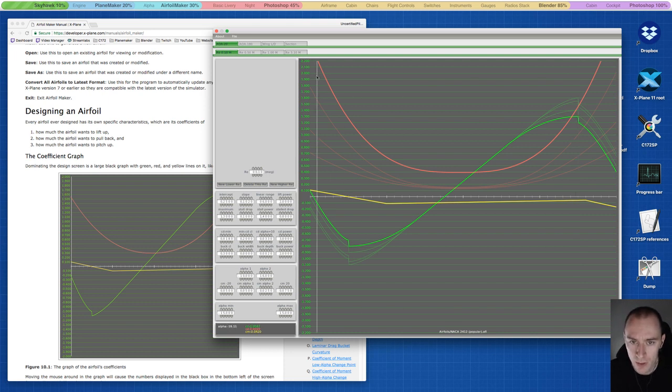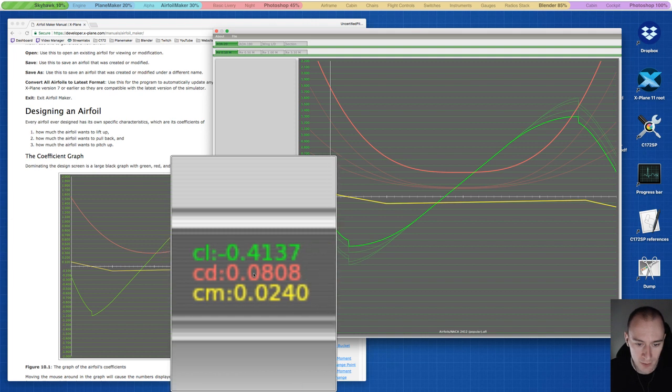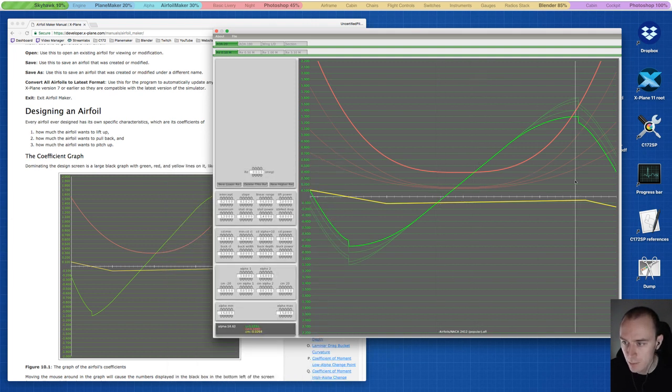Now the red one, it's also good that it's red, makes sense, is drag. CD, drag. So with that same angle of attack of 15 degrees, we also got a significant drag component. Makes sense when we have a steep angle of attack there.